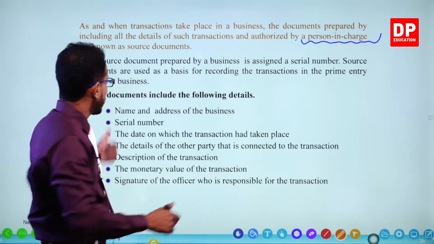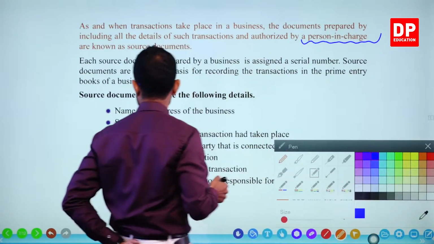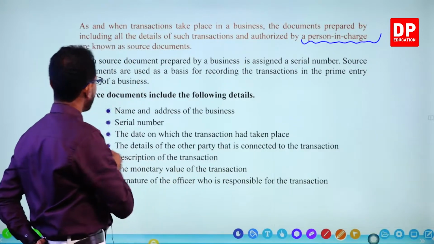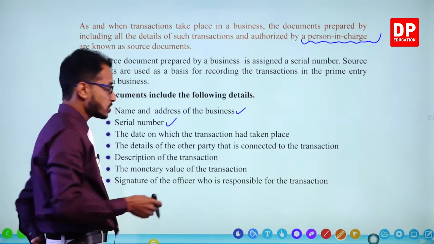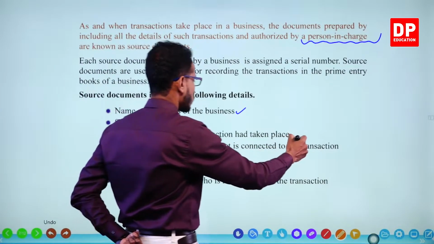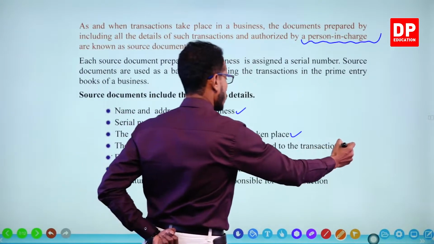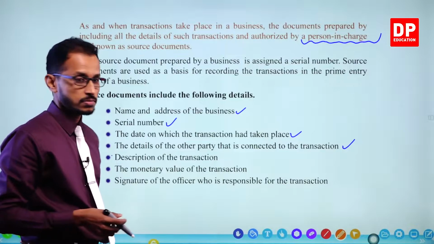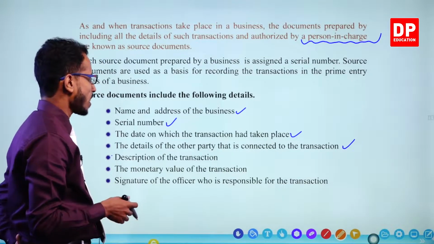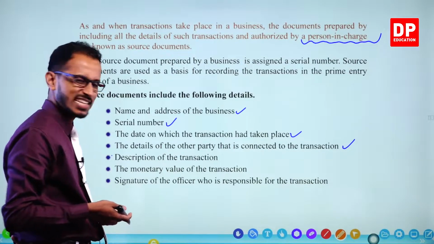Right, children? And normally in every source document, this information is included. Name and address of the business, serial number of the source document, date of the transaction, details of the other party, that is the customer, name of the customer if needed.